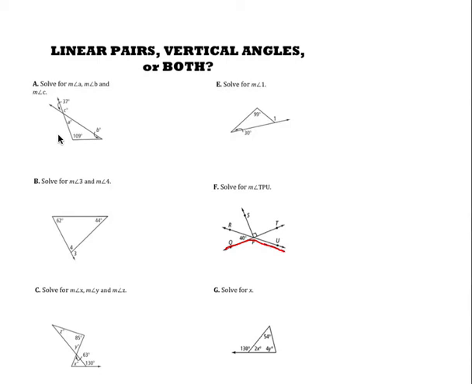And we already talked about that straight angles are equal to 180 degrees. So we can say the blue angle plus the red angle equals 180. And we need to substitute what we know.